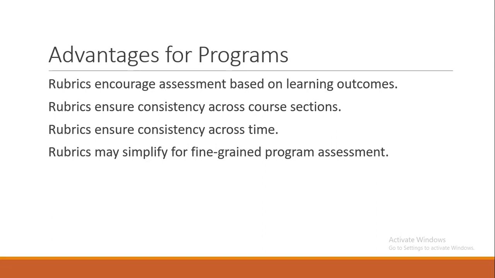So, and then finally, they may simplify program assessment. In some situations, say you have program learning outcomes, and you have a course where you're assessing one of those program learning outcomes. Well, perhaps in that course, you have a final paper, and some aspect of that final paper matches onto a program learning outcome, say ability to write research or something like that.